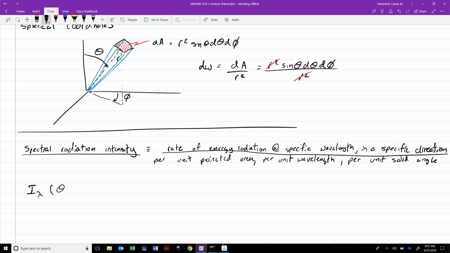lambda, theta, phi, lambda. And what this is doing is it's basically telling us, if we have something that's radiating energy out, or as we'll see in another case, being irradiated by energy coming in, this represents the distribution of where that radiation is going or coming from, both in terms of space and in terms of wavelength. So for example, you take your laser pointer and you shine it at a particular spot in the ceiling. You as an entity, or kind of the wrapper around you, are radiating energy.